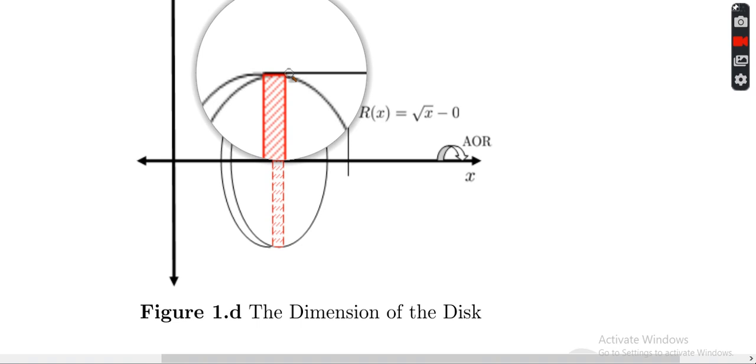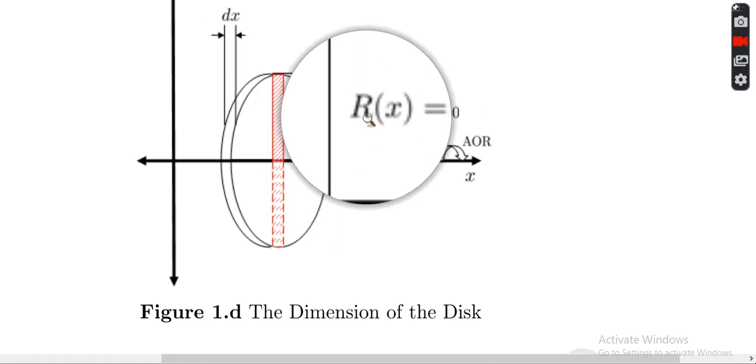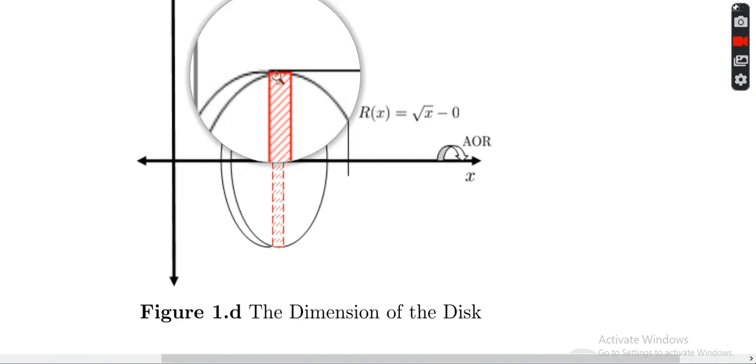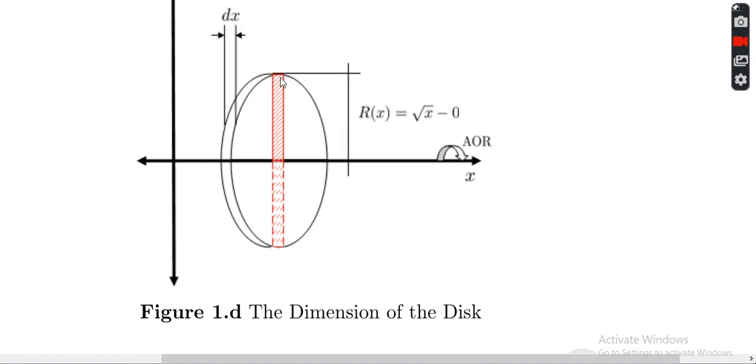From here up to here is the radius or the r of x. Ang r of x is given by the upper function minus the lower function, or the f of x minus the g of x. So, in this case, ang upper function natin is the function y equals the square root of x.